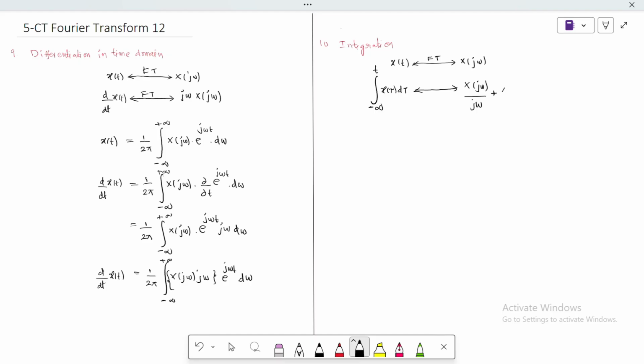That constant equals π into X(0) into δ(ω). This is the property.